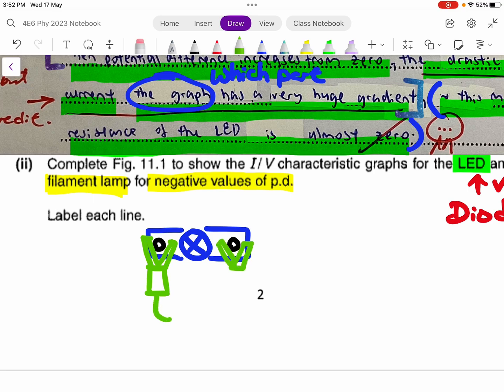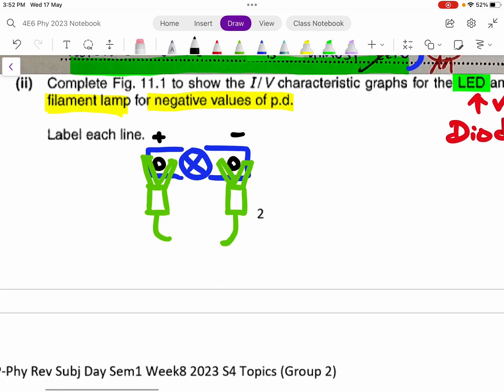Ask yourself, for your crocodile clip, if the light bulb has a positive junction and a negative junction, does it matter whether you link it with the battery like this, or if the battery is like this, does it make a difference or not? Will one orientation of the battery cause your light bulb to be off and the other one on? Yes or no? No, right?